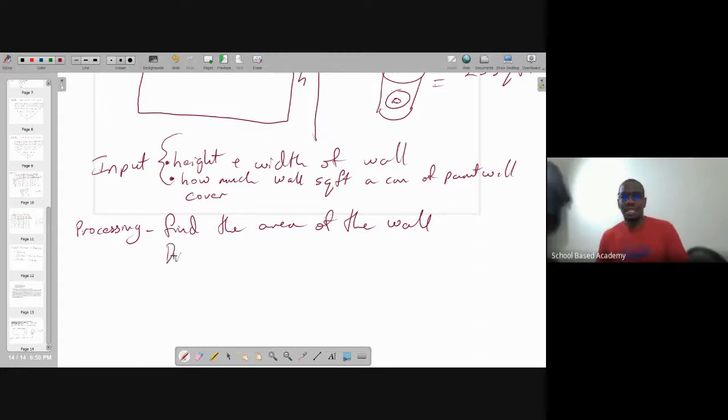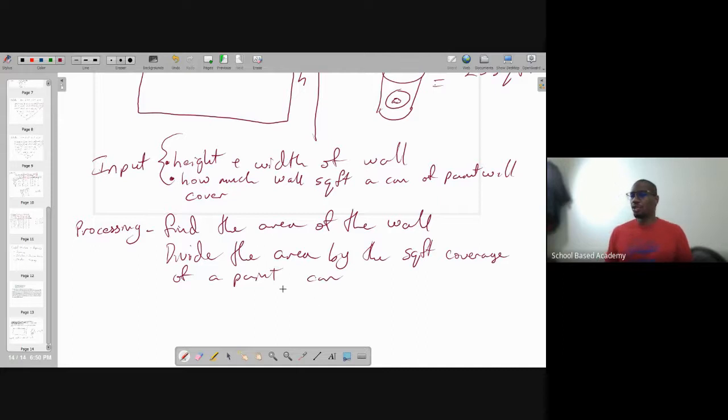Yes. So we have to divide the area by the square foot coverage of a paint can. So we have to find the area of the wall. We have to find how big this wall is.